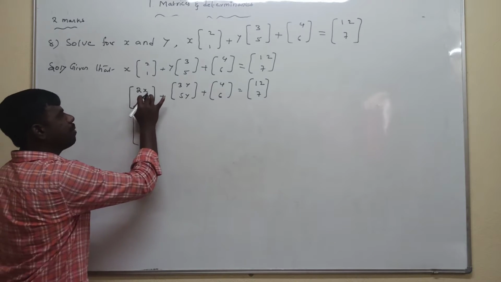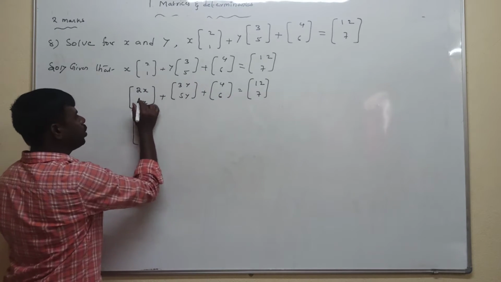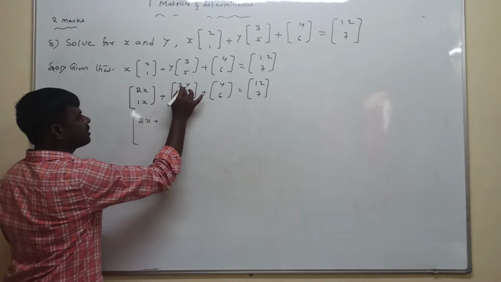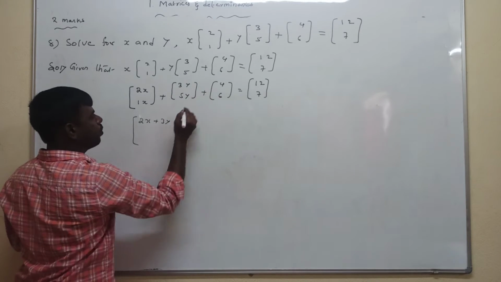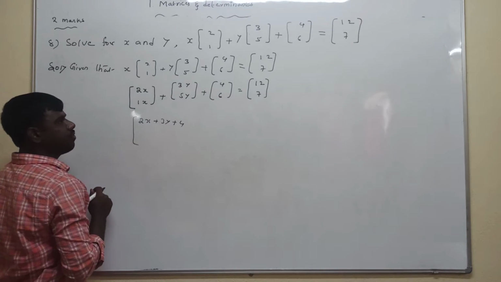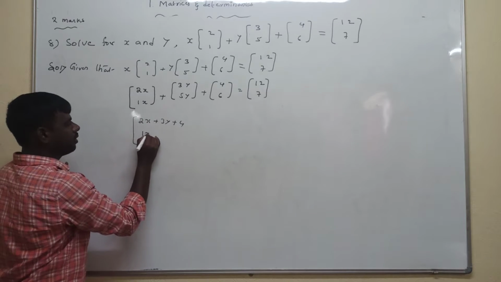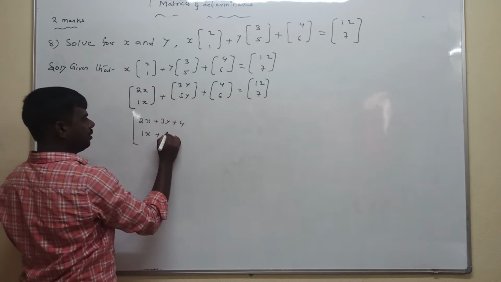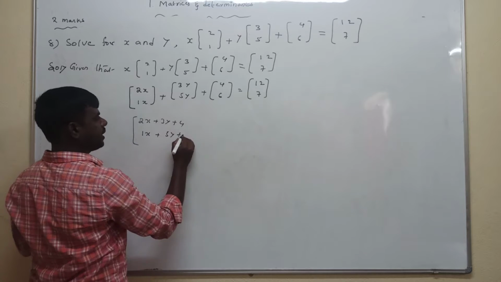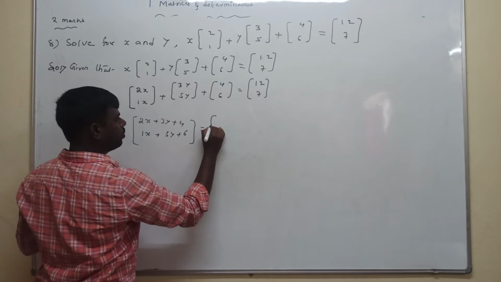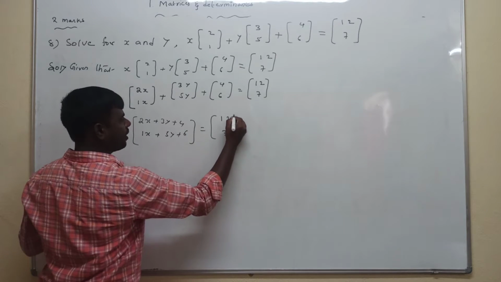First element plus first element plus first element: 2x plus 3y plus 4. Next, second row first element, adding corresponding elements: 1x plus 5y plus 6 is equal to 12, 7.